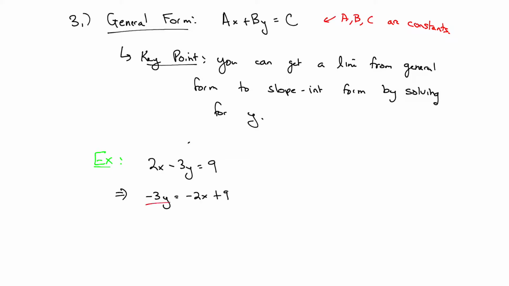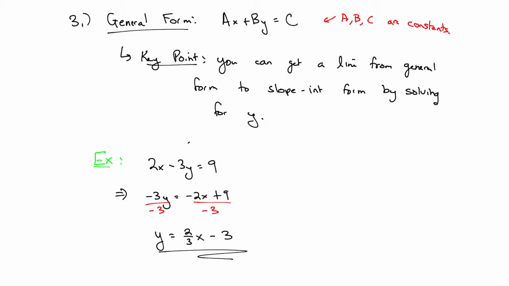And then I'll divide both sides by negative 3. And remember, if you divide both sides by negative 3, you have to divide each term by negative 3. So this becomes y equals negative 2 over negative 3, that would be positive 2/3 x minus 3. So you can convert general form lines to slope-intercept form. That'll be a useful skill later on.